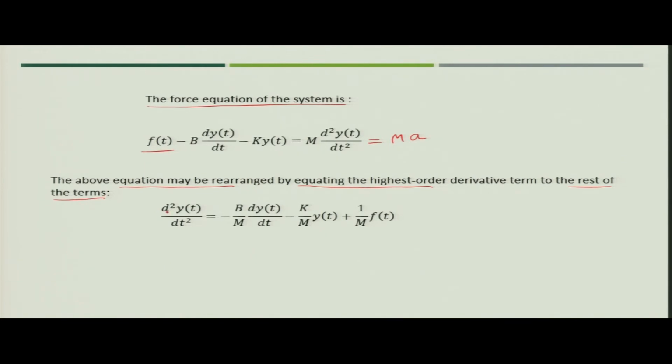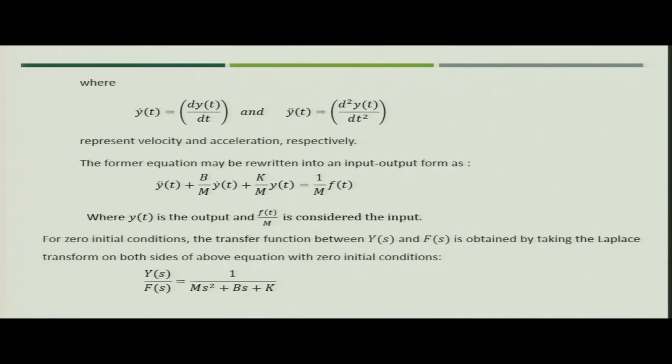We can write d2y by dt2 equal to minus b by m dy by dt minus k by m y(t) plus 1 by m f(t). Now, dy by dt you can simply write as y dot(t), which represents the velocity, and d2y by dt2 you can simply write as y double dot(t), which is nothing but the acceleration.